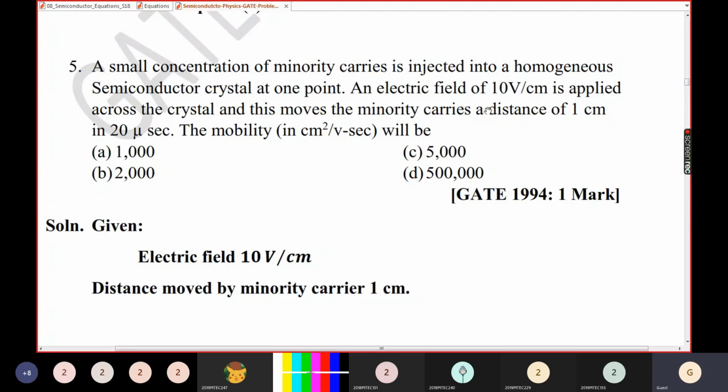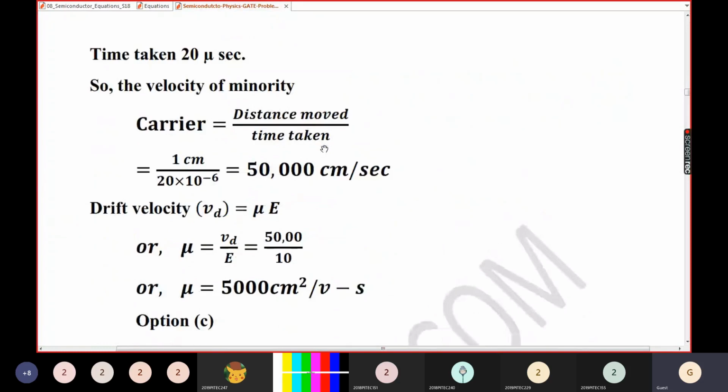An electric field E of 10 volts per centimeter is applied across the crystal, and this moves the minority carriers a distance of 1 centimeter. Time period also they have given, and distance also they have given. They are telling you to calculate the mobility.